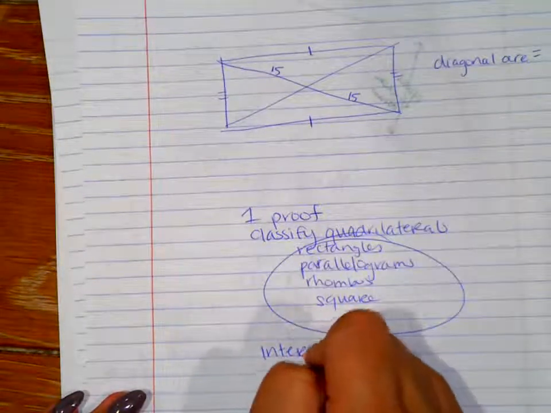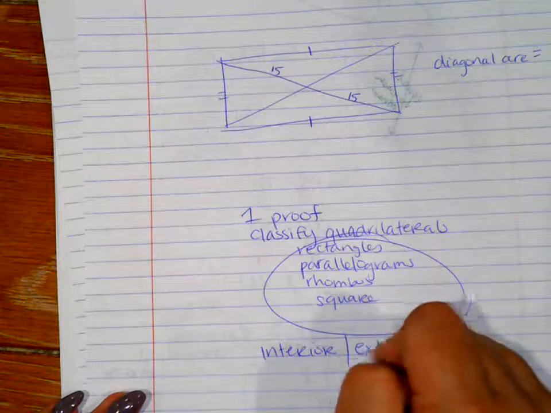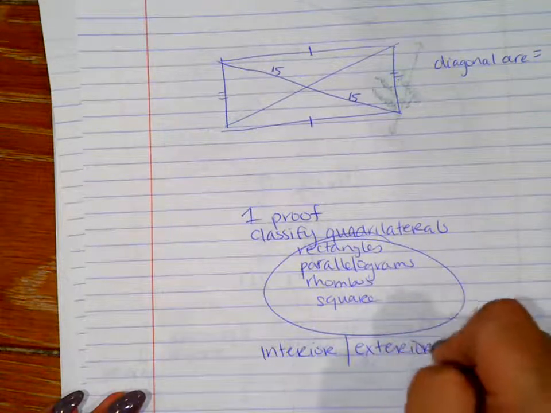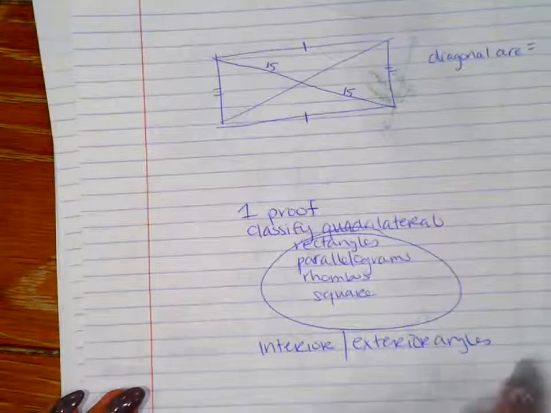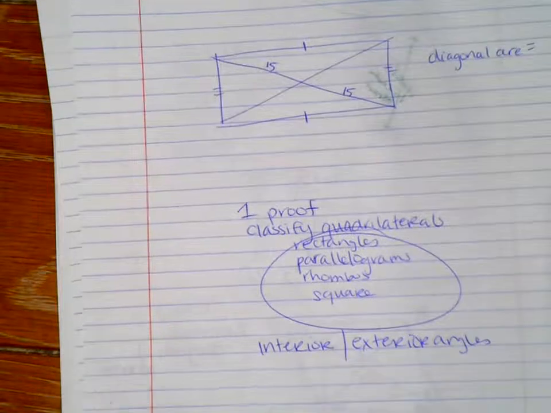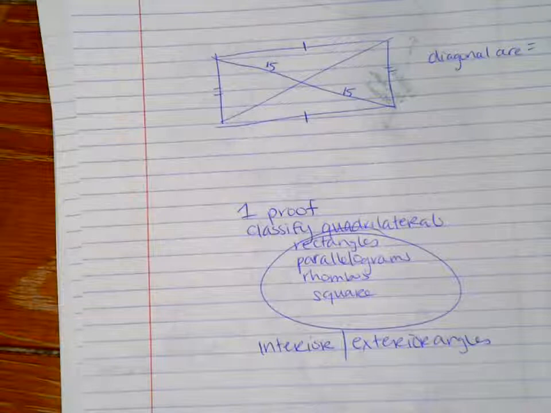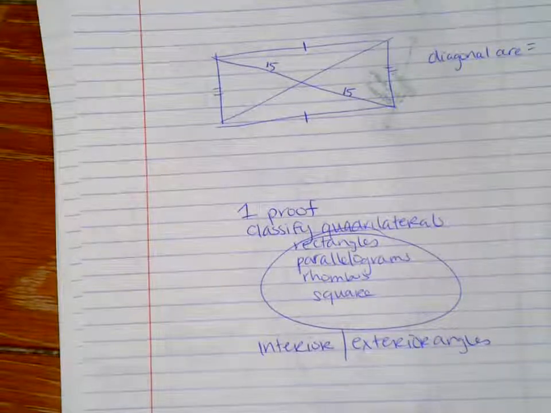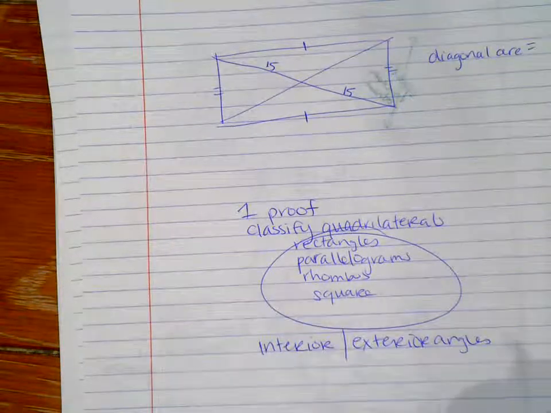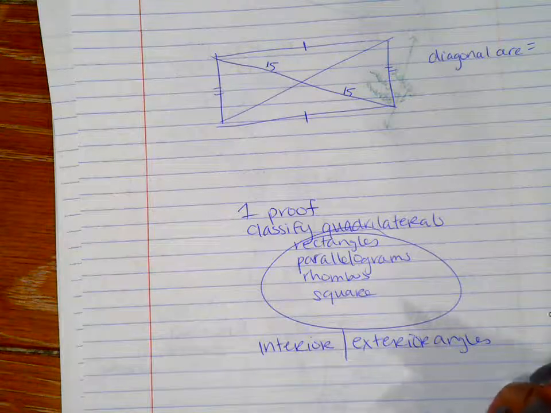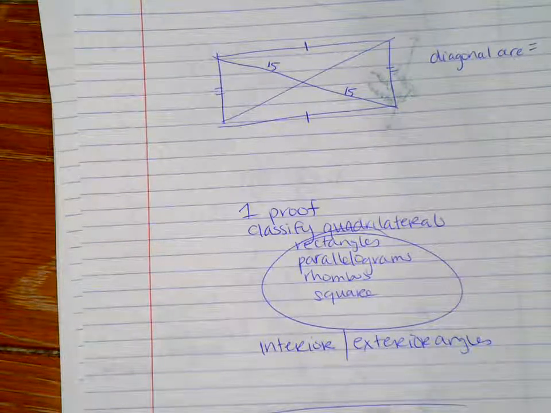Interior and exterior angles. You have to know that. And I think that is about it. And I think there's one or two review questions. The review questions are kind of like going back to parallel lines and transversals.